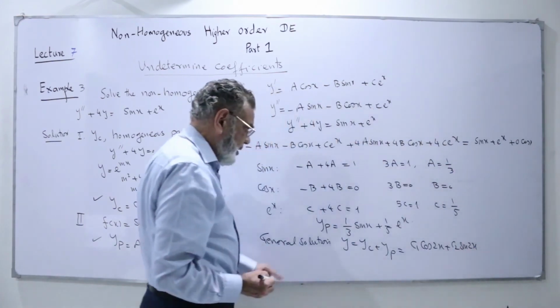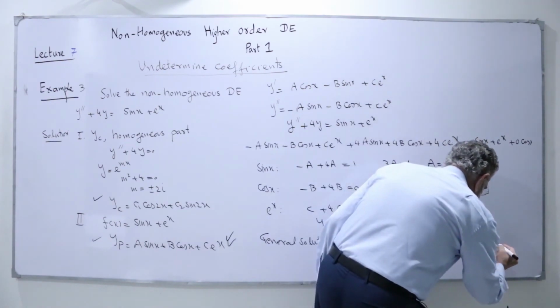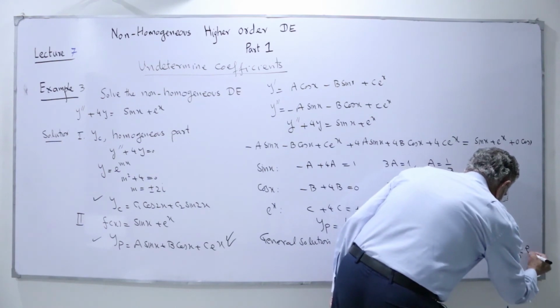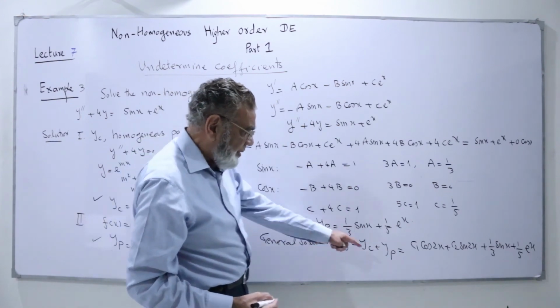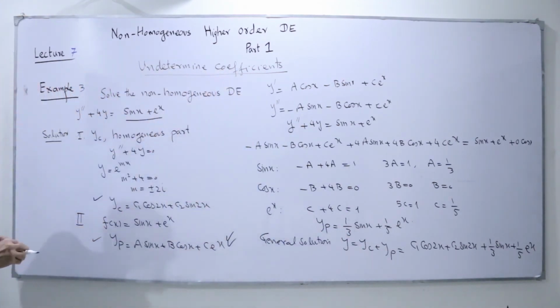Then my yp is plus 1 over 3 sine x plus 1 over 5 e to power x. So we have the contribution of this term yp because the equation is non-homogeneous. So these are the steps for solving the problem.